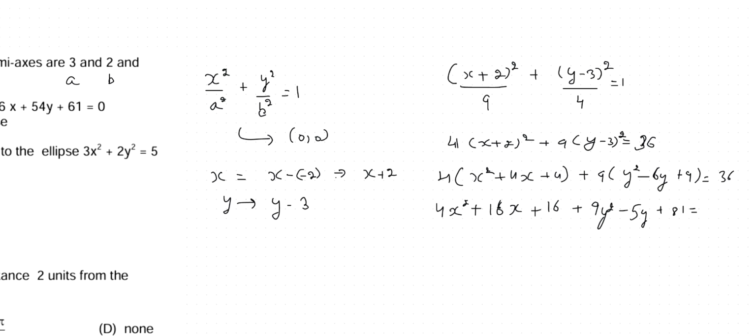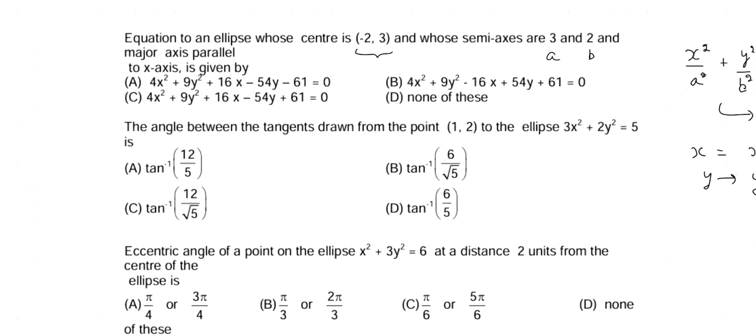So you simplify everything: 4x square plus 9y square plus 16x minus 54y, and 16 plus 81 minus 36, that will be plus 61, is equal to 0. So let's see, option C.